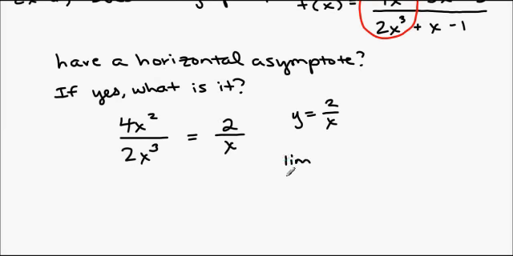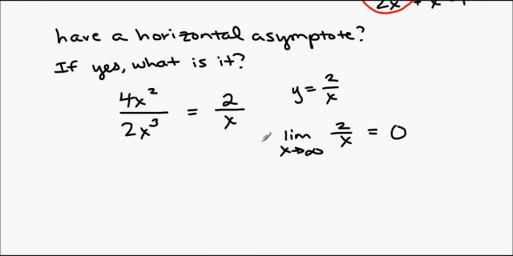So the limit as x tends to infinity of 2 over x. Now again, if you divided 2 by infinity, you would essentially get 0. So this limit is 0.